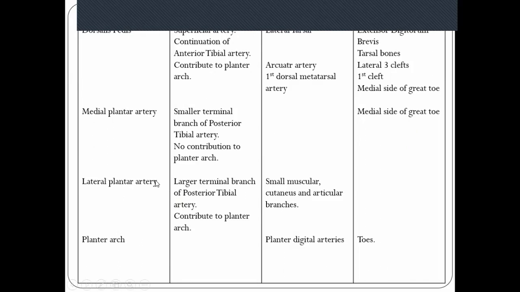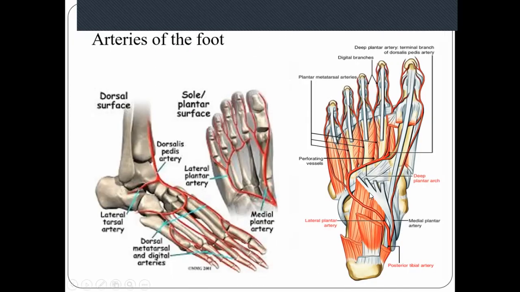This lateral plantar artery gives off small muscular, cutaneous and articular branches in the sole of the foot. You can see this artery comes from the lateral side of the sole and obliquely crosses the sole to the medial side.